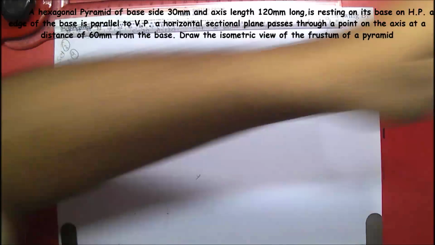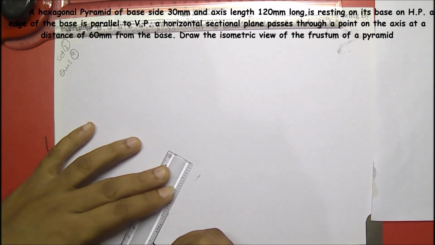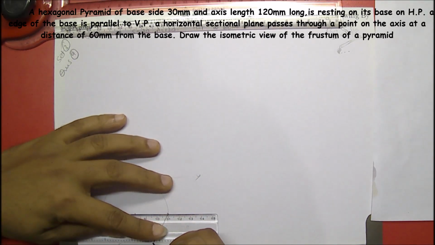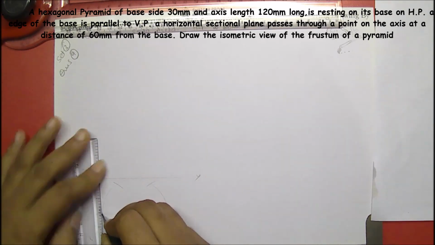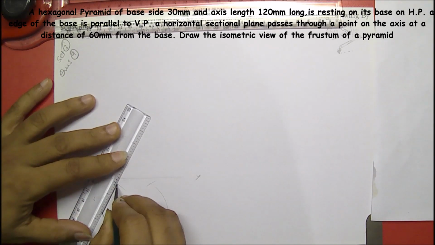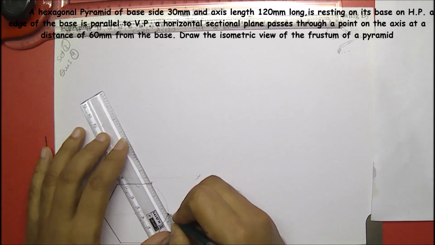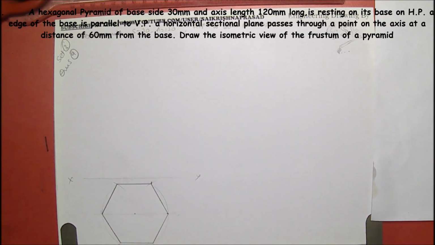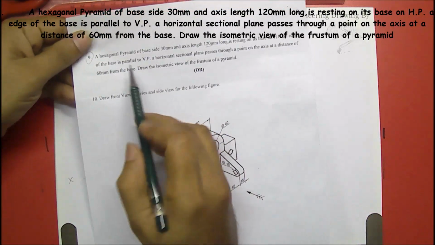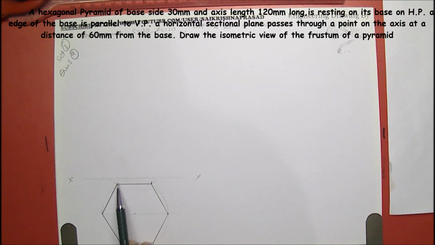Let's join them. So in the question it is given that the edge of the base is parallel to the VP. See here, this edge is parallel to the VP, this edge is parallel to the VP.